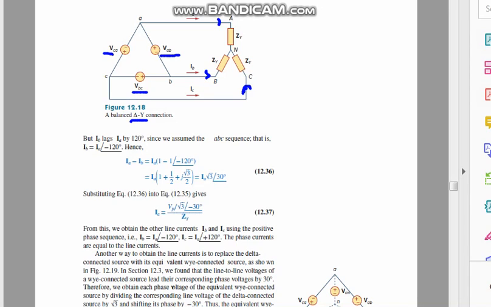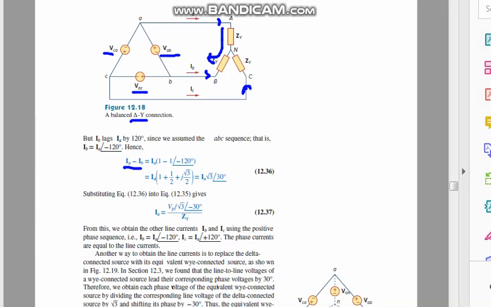So if you want to find out, you have to give the similar equations here. The current hasn't been divided into two parts, but as you know, the difference between the line current IA minus IB, you get this phase current.